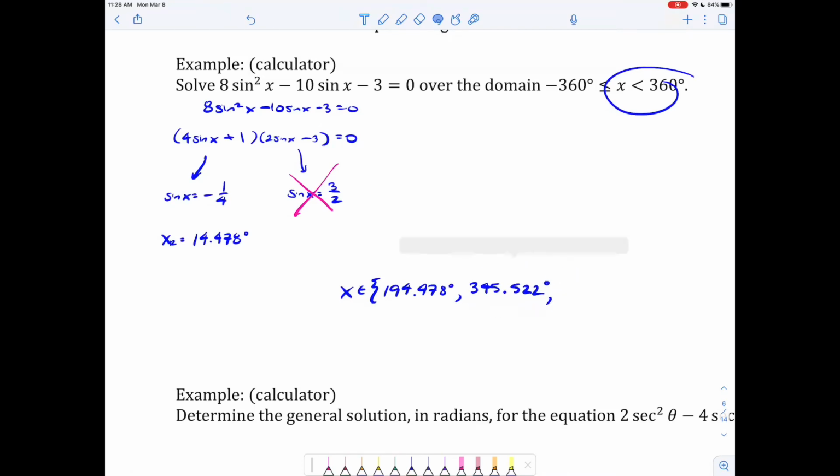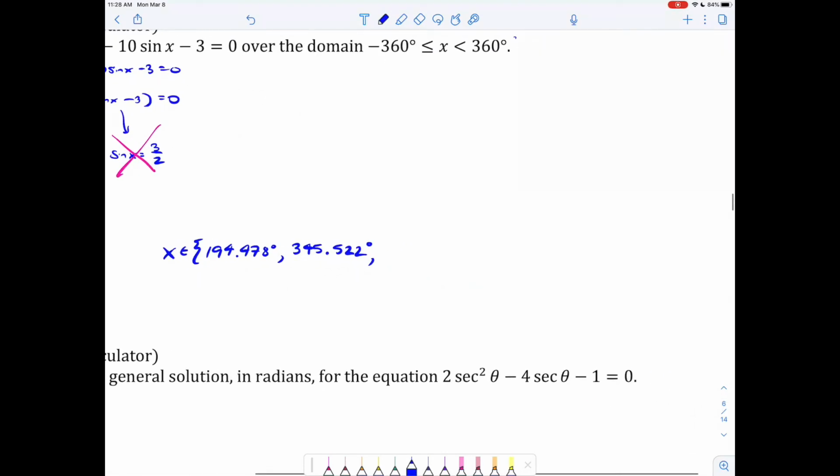So that takes us all the way up to 360 degrees, but we can also go coterminal by taking off a revolution. So each of those minus 2 pi, so minus 360 degrees. So 194.478 is coterminal with negative 165.522 degrees.